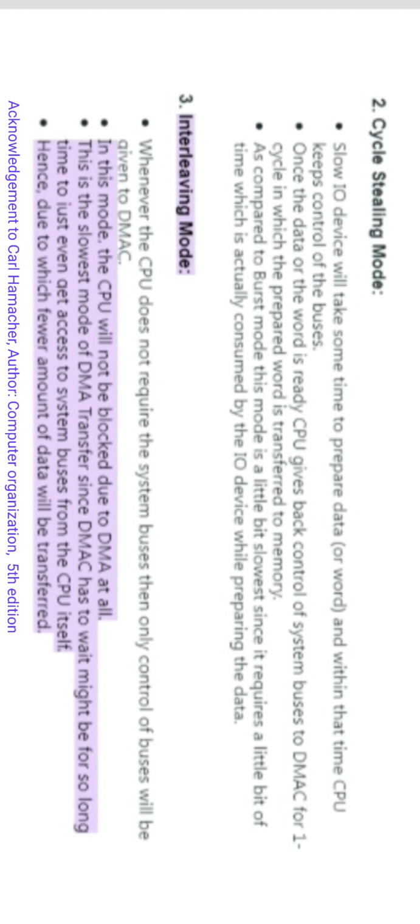So in this mode, unlike the previous two modes, the CPU is not blocked at all. This is the slowest mode among all three modes. Hence in a given time, less data can be transferred compared to the other two modes.